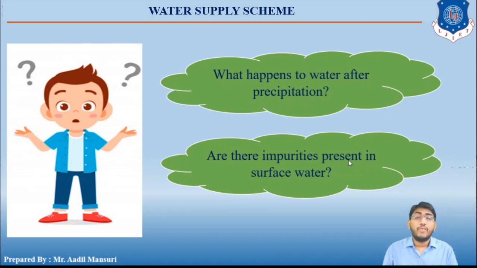Which treatment is needed depends on the test which has been done in the laboratory, and even after treatment, whether the impurities are in permissible limit or not is checked before the supply, then only water is supplied to the community. So let us move ahead, students.